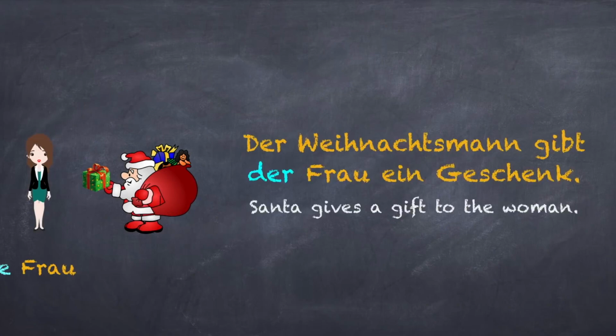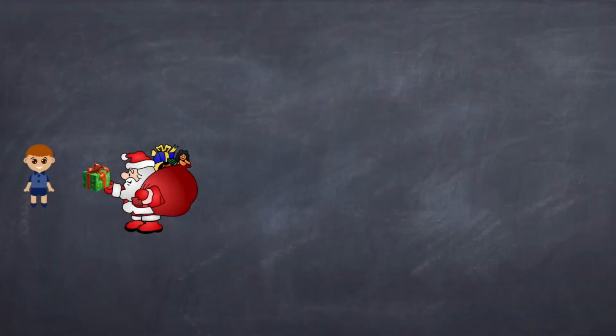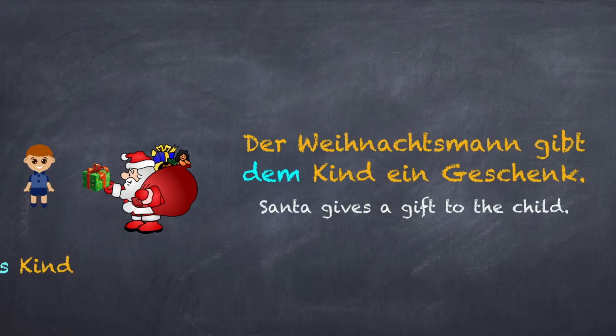Der Weihnachtsmann gibt der Frau ein Geschenk. Die Frau changes to der Frau in Dativ. Let's move to the next one. Der Weihnachtsmann gibt dem Kind ein Geschenk. Das Kind changes to dem Kind in Dativ.